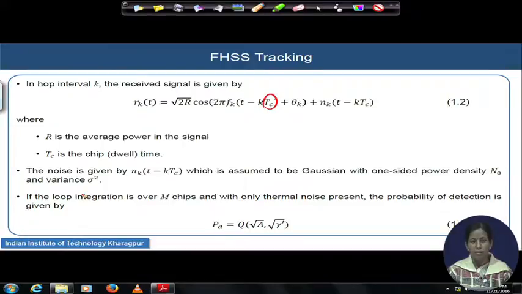Eta 0 will be the one-sided power spectral density of this noise, and if the loop integration is running over the capital M number of chips with only thermal noise present, and at the beginning we are not considering any interference or jammer, the detection probability we understand can be approximated by a Q function, where the normalized threshold will play some role, and here the role will also be played by the number of tones that are getting searched over the serial mechanism.